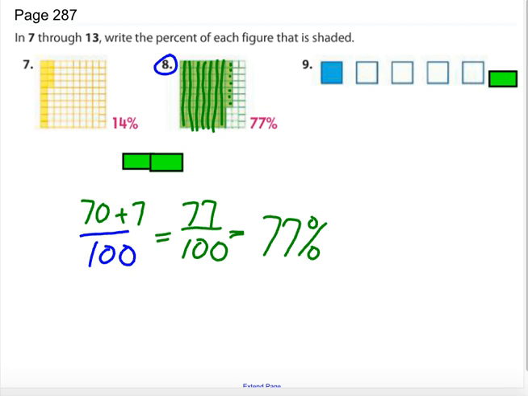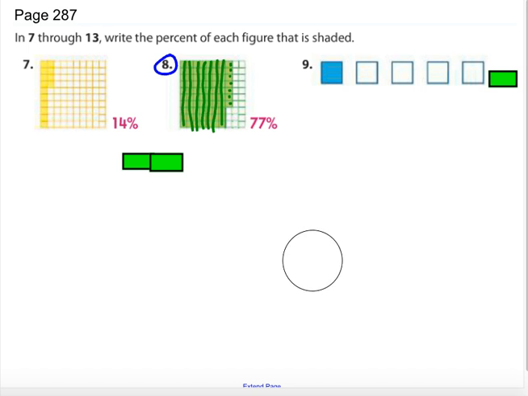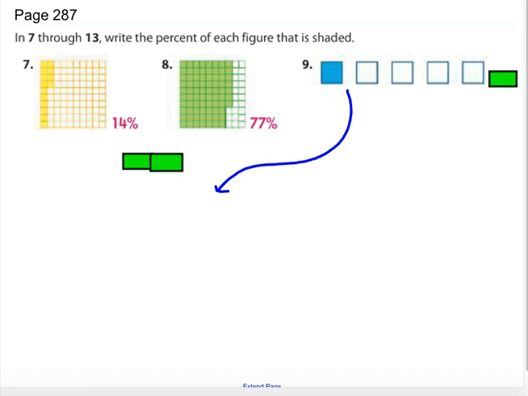There you go. Now, number 9 gets a little bit trickier when you look at it, okay? And you can see that in number 9, we will have a total of 1 out of 1, 2, 3, 4, 5 squares. So we have a ratio of 1 to 5. Now, there's a couple ways we can set this up.